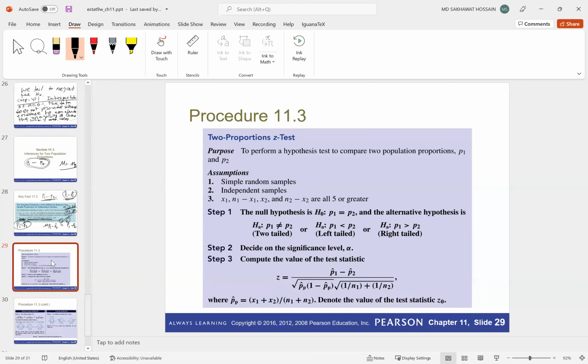For example, for this course, Math 2300, we have different sections. We want to compare two groups of sections.